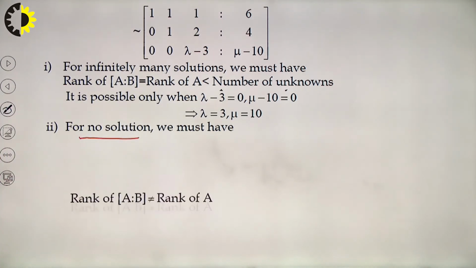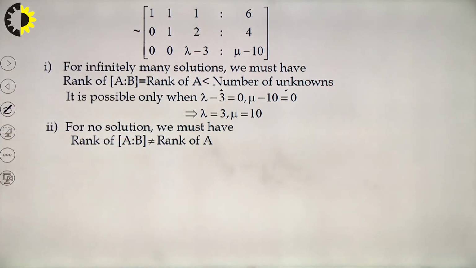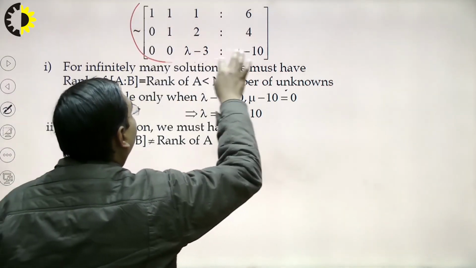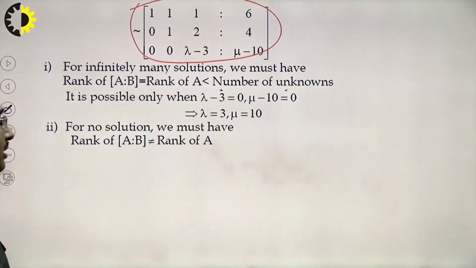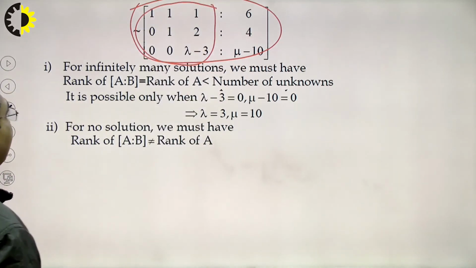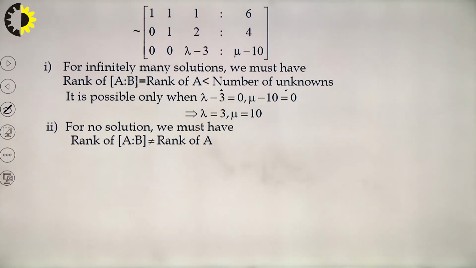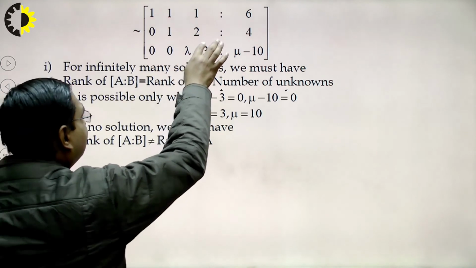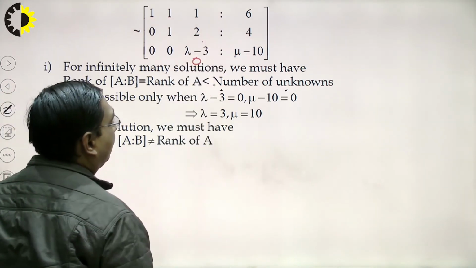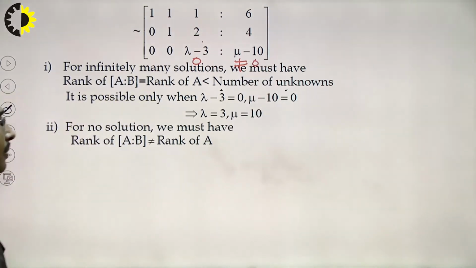For no solution, rank of AB and rank of A must be different. This whole matrix is AB and this part is A. The ranks of these two will be different in only one case: this element is 0 and this element is not equal to 0.